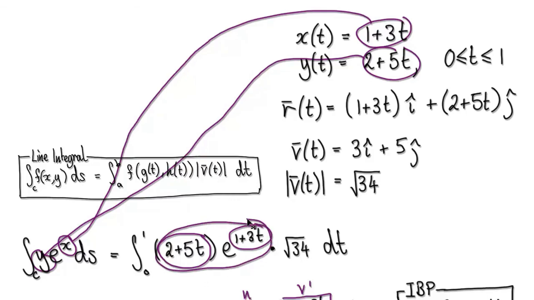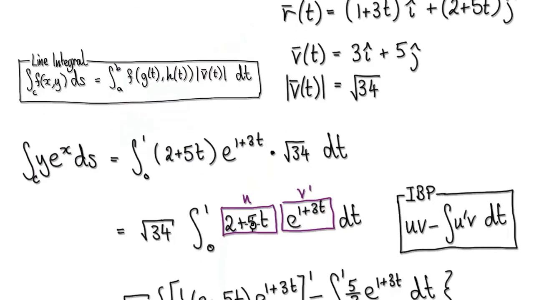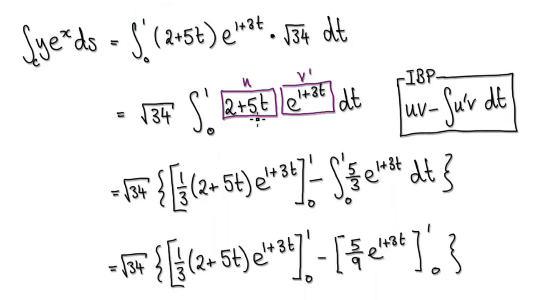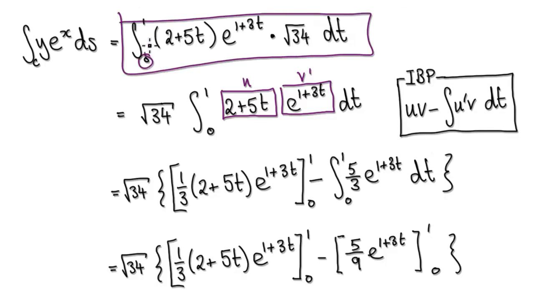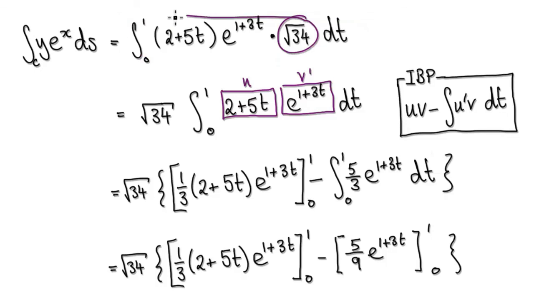So we are now currently here. We need to integrate it from 0 to 1. This is a constant, so let's drag it out. That will then give us this. And to integrate this, we will need to use integration by parts. Imagine this as u, imagine this as v prime.